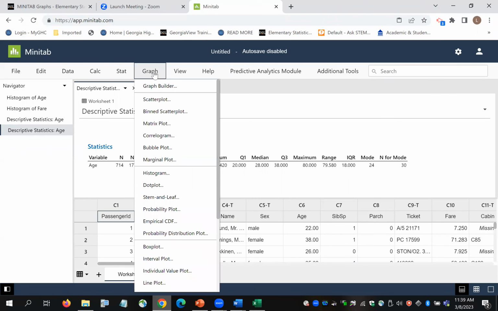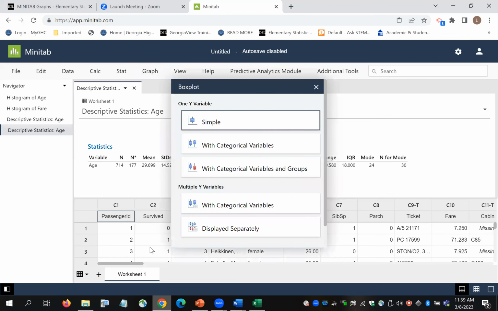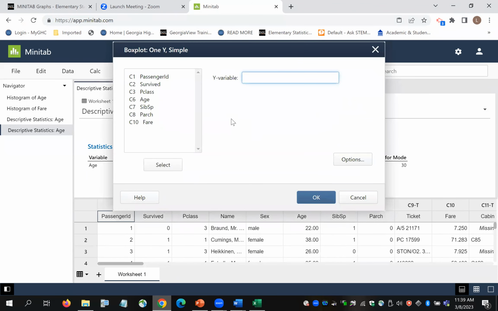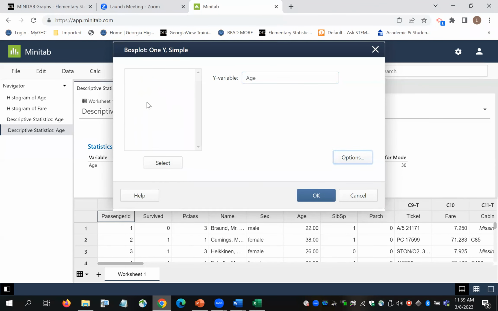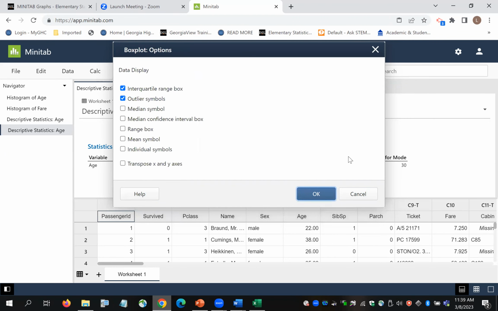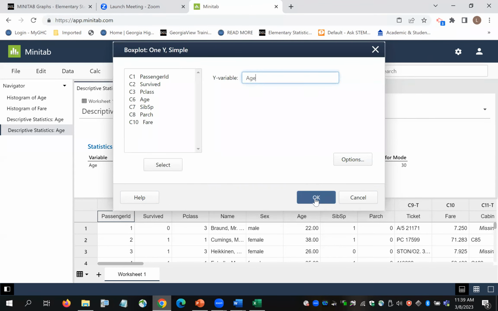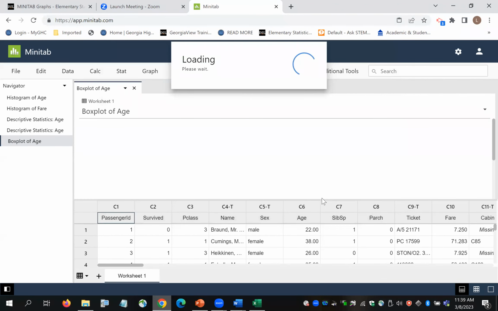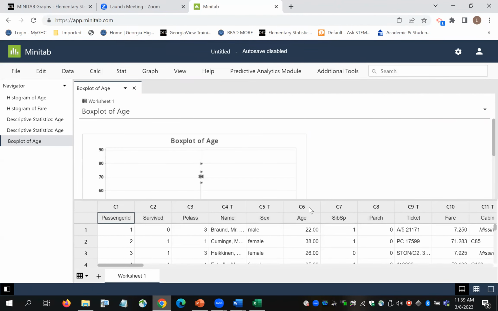Graph, box plot, keep it simple. I'm doing age. I don't think we need any options. We do not. So we choose the variable, click OK, and it displays.